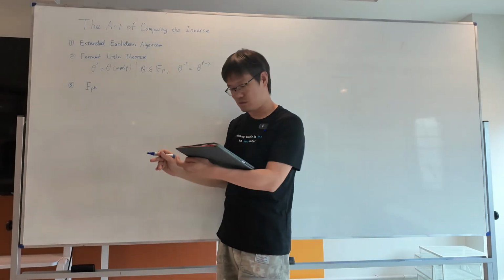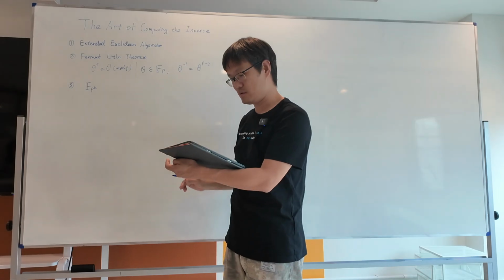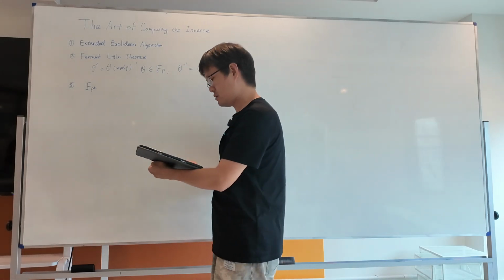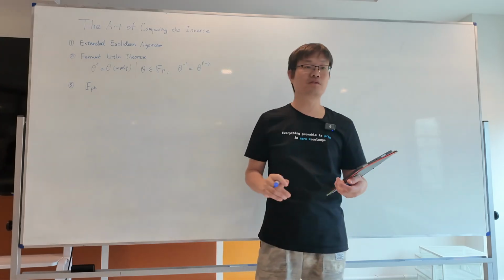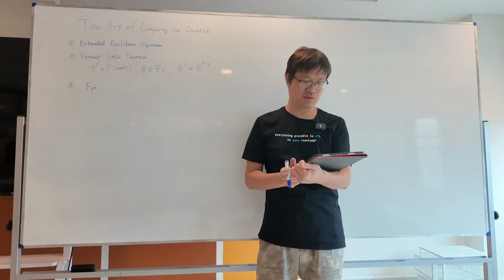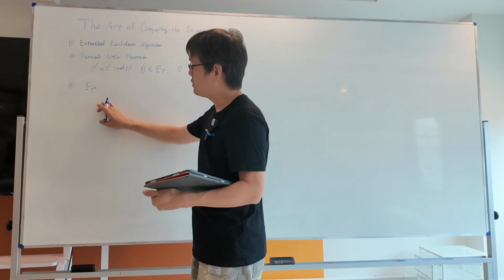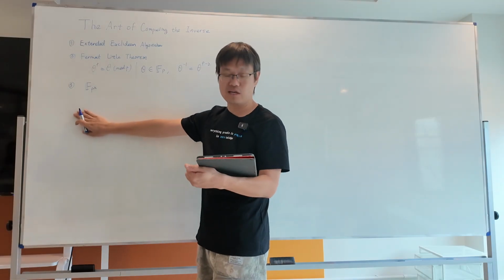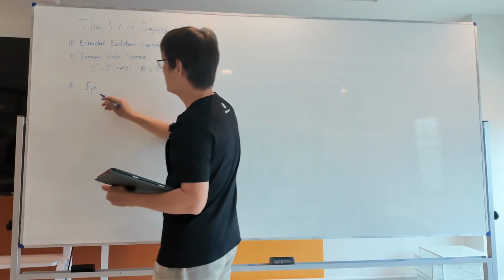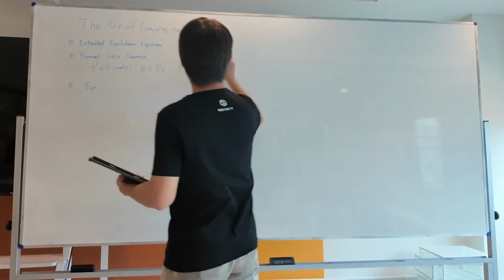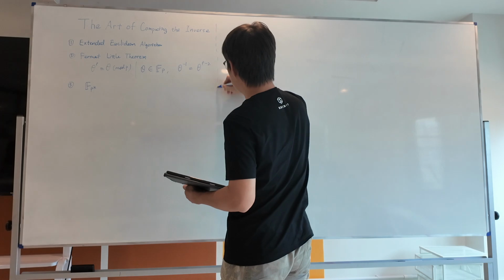It's a finite field, an extension field. Okay, let's begin with a very simple example. We have a quadratic extension of some prime field F_p.